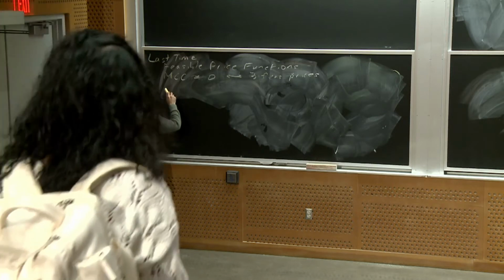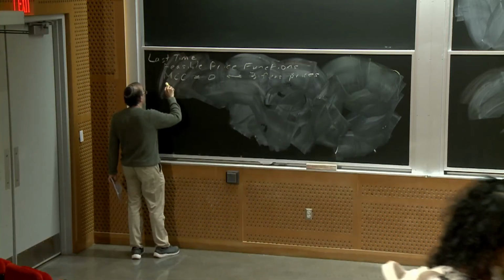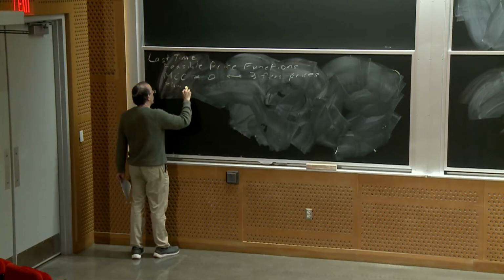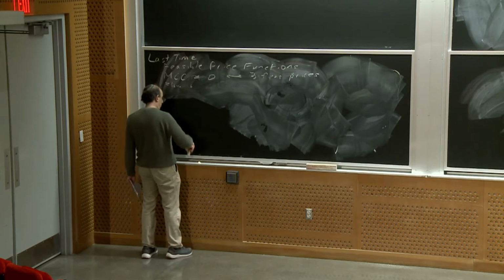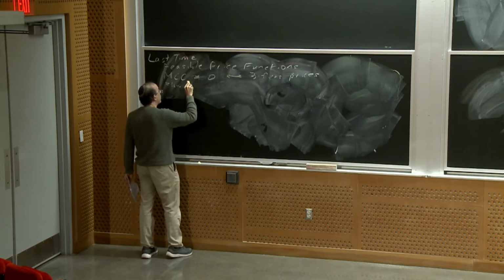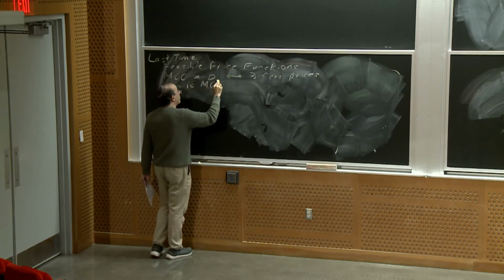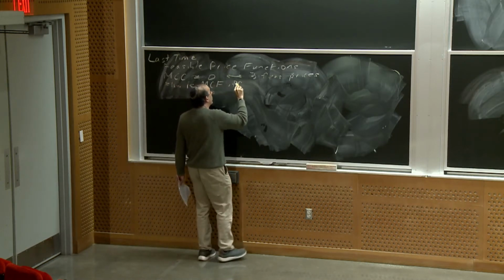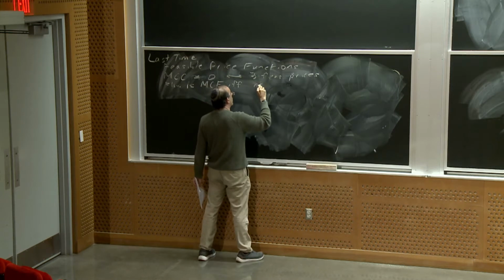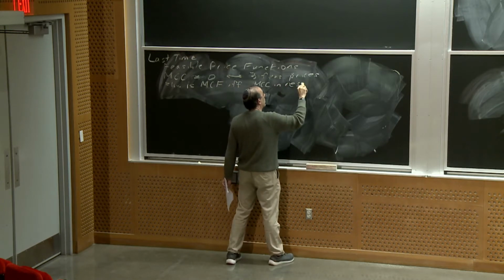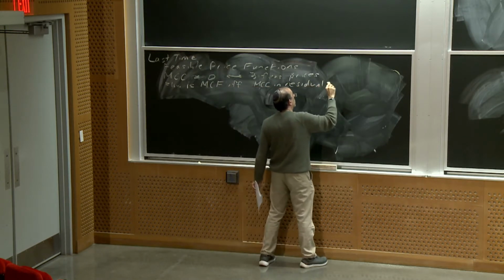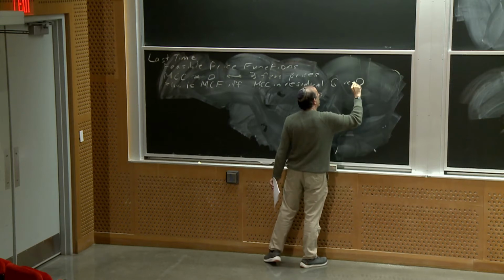And we also know that a flow is a min-cost flow if and only if the residual circulation, the min-cost circulation in the residual graph, is 0.